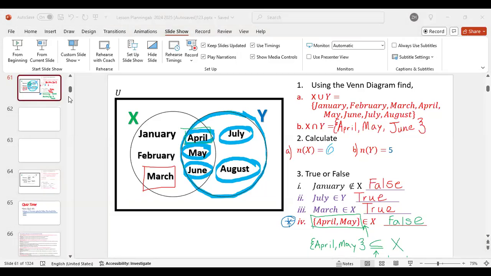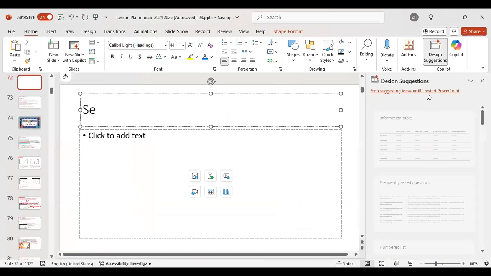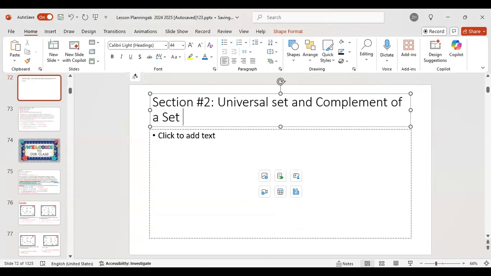Everyone should be off the quiz. We are now moving on to section 2. Section number 2 is universal set and complement of a set. Universal set and complement of a set.